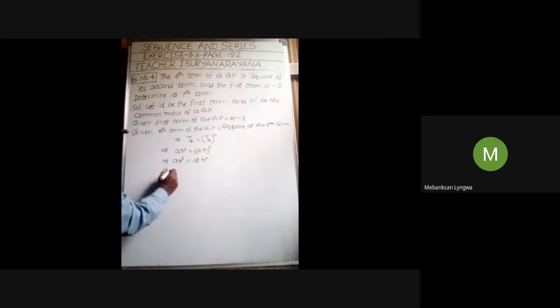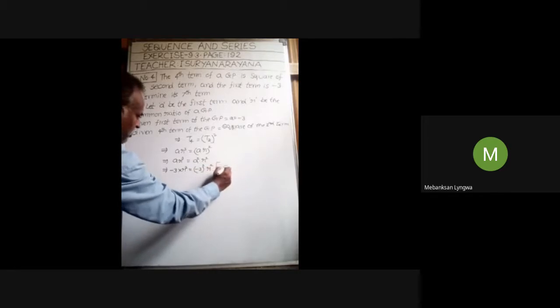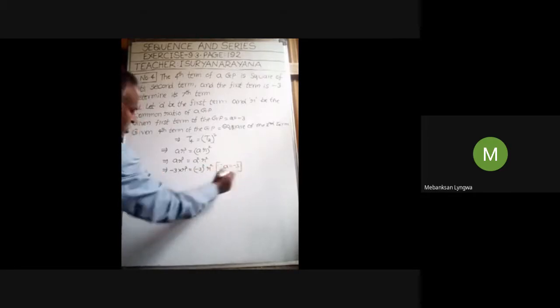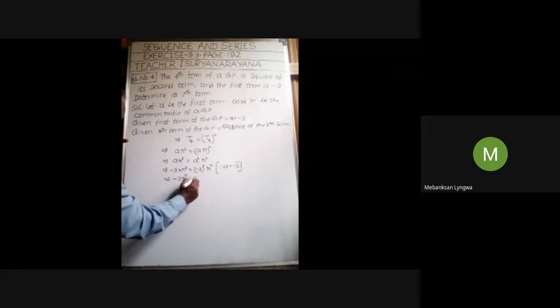Let us substitute: -3 r cube is equal to minus 3 whole square into r square, because A is equal to minus 3. We got this step. This implies minus 3 r cube is equal to 9 r square. Yes or no, my children?